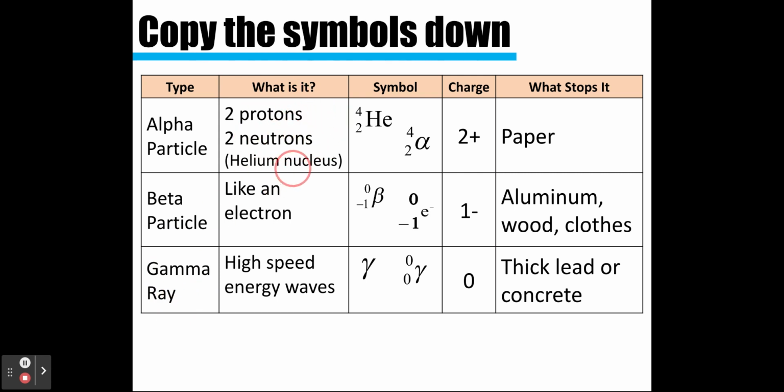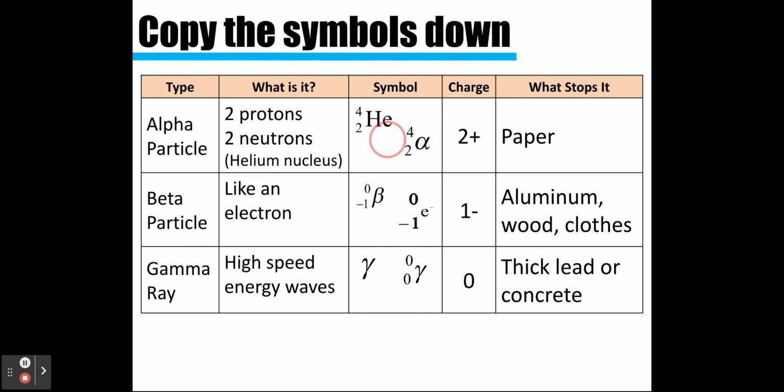So what is it made up of? Alpha particles are two protons, two neutrons, basically a helium nucleus. And the symbols for the alpha particle can be either the symbol of helium, because this is a helium nucleus. So you can write the isotope symbol for helium with a mass number of 4 on top and an atomic number of 2 on the bottom, because it has two protons, and the atomic number is the number of protons.